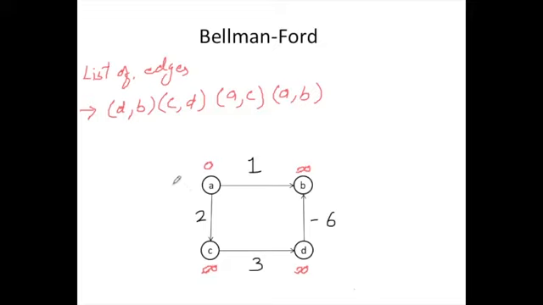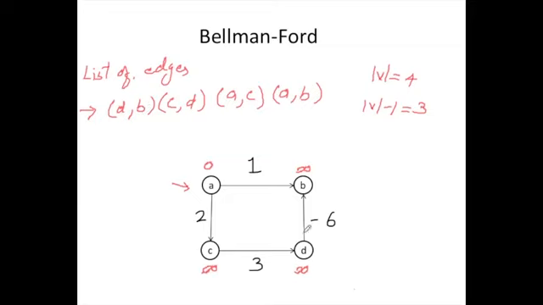The source vertex is marked 0, the rest of the vertices infinity. That's it. Now go on relaxing the edges. For how many times? Number of vertices are 4, so do it for number of vertices minus 1 times, that is 3 times. Go on relaxing them. Let us do it.